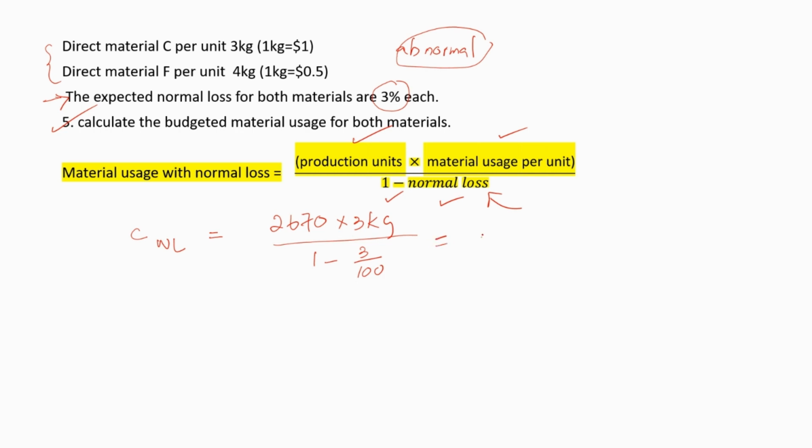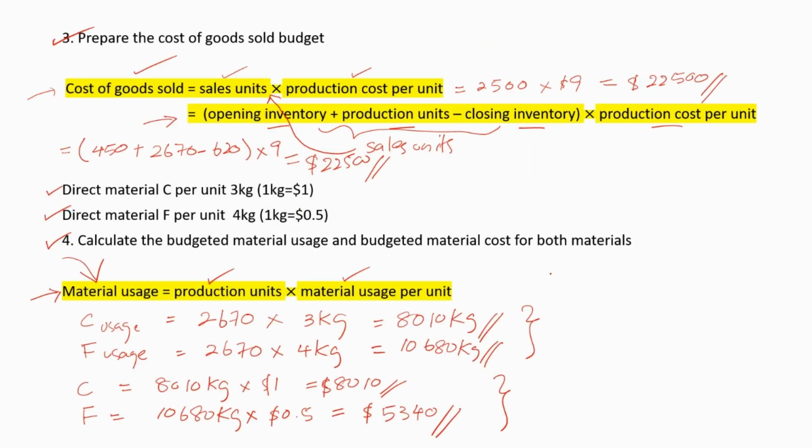This is equal to 8257.73 kilograms. Now you can see this amount is higher than the earlier amount. This is because now there will be a wastage, so the material usage will be increased with the loss.